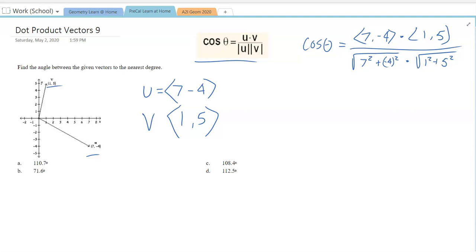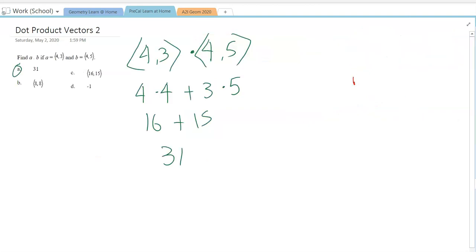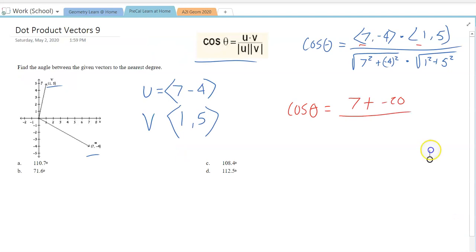So first let's do this dot product in the top. 7 minus 20 over, whoops, what do we get here? 65. Oops, I don't know why I did that. I don't know what's happening here.